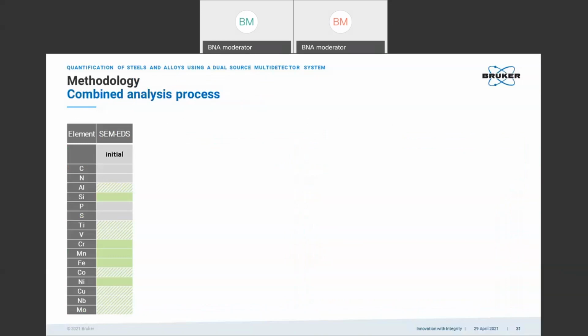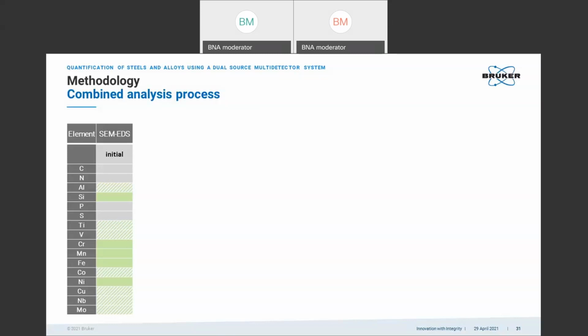How did we do the combined quantification to get the best of all three techniques? Here's a sketch showing the sequence of quantification. We started with some EDS determinations. This shows the list of elements which might all be present in the steels.